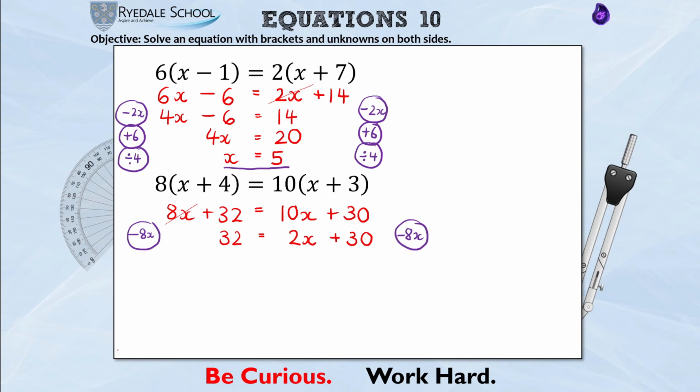So I need to try and get the 2x by itself. So I'm going to do the inverse of plus 30, which is subtract 30 from both sides. When I've subtracted 30 from both sides, remember that will get rid of the plus 30. I will just have 2x's here, and 30 off this side leaves me 2.